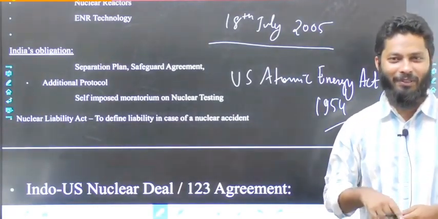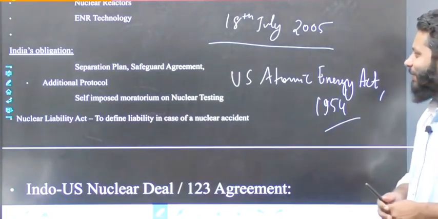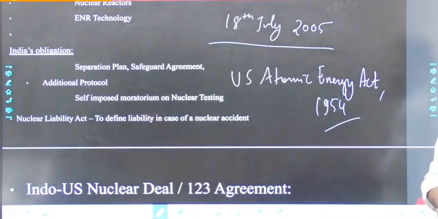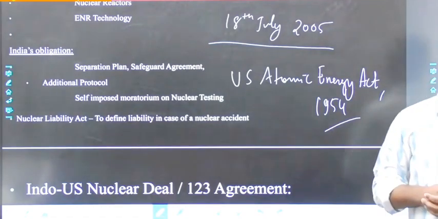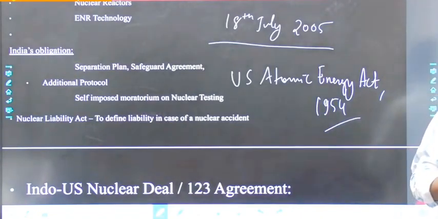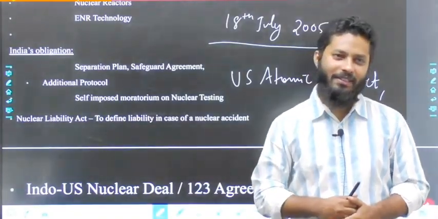These are self-imposed moratoriums. You know what the reality of a self-imposed moratorium is, right? But you have to practice self-imposed moratorium because that will be the discipline and that will help you pursue your goal. So self-imposed moratorium means we said that we will not conduct any nuclear test. We said it, right?